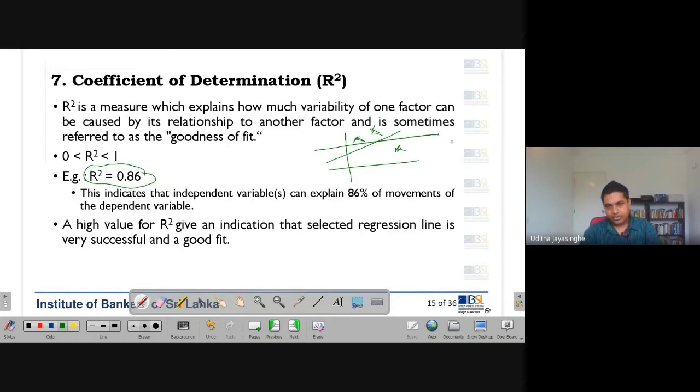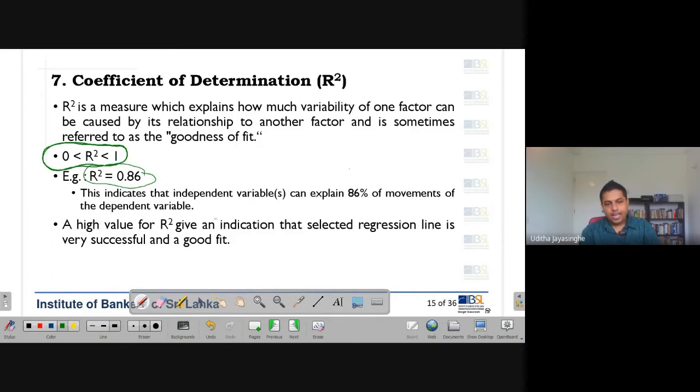So how we are going to define it is by simply saying how much of the movements of the dependent variable can be explained by the movements of the independent variable. So typically, again, r square, the answer is going to lie between 0 and 1.